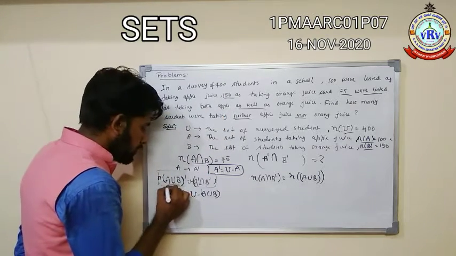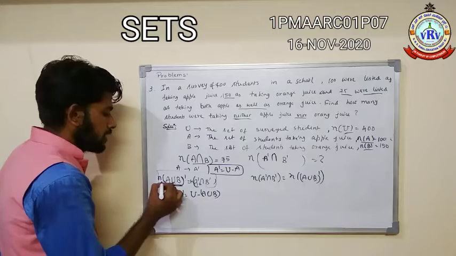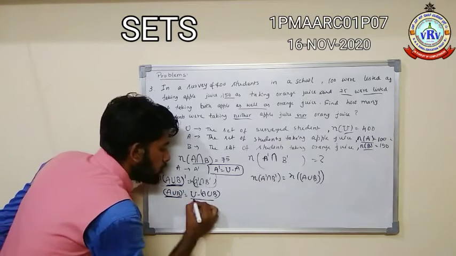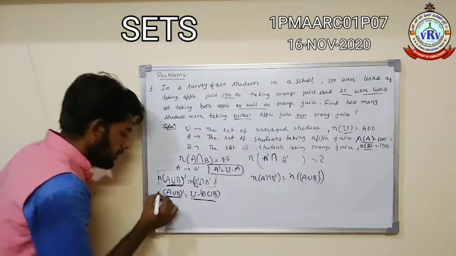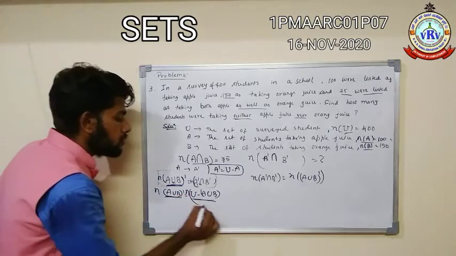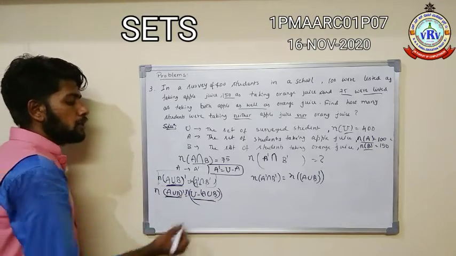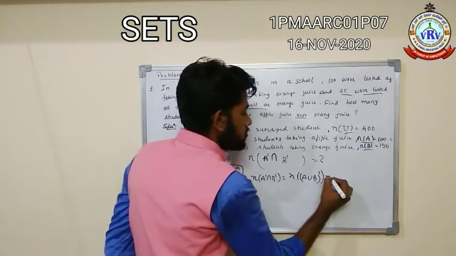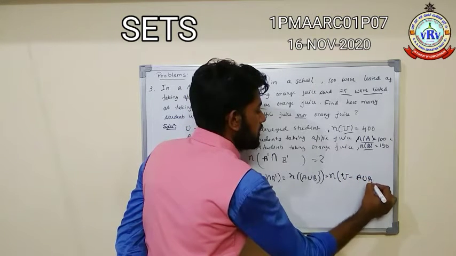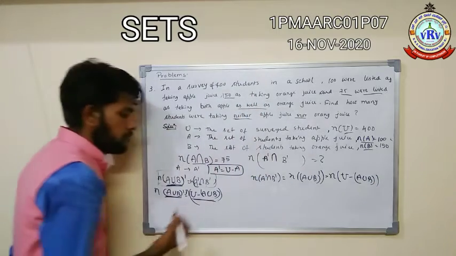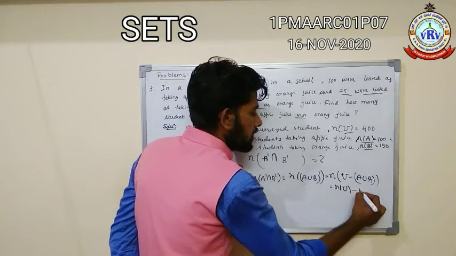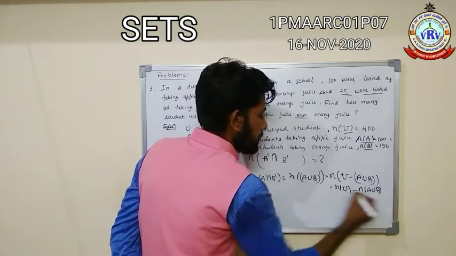A union B whole dash is equal to U minus A union B, so the number of elements is n of U minus n of A union B.